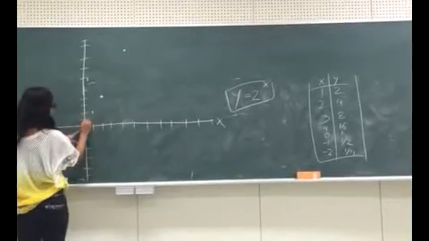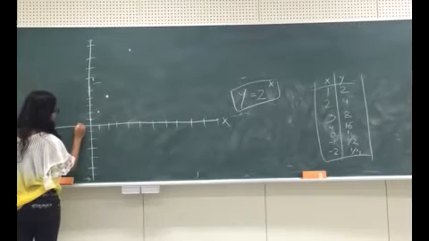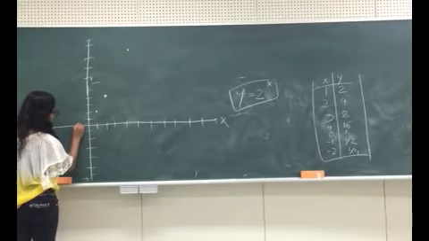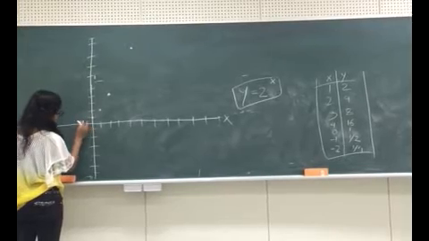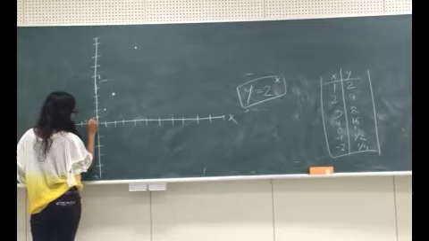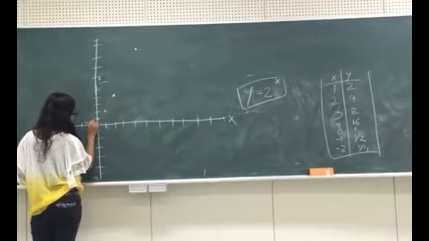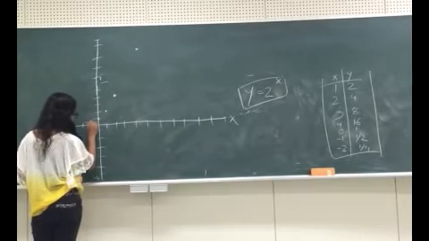So 0 takes 1, and for minus 1, it becomes somewhere here, and here for minus 2.